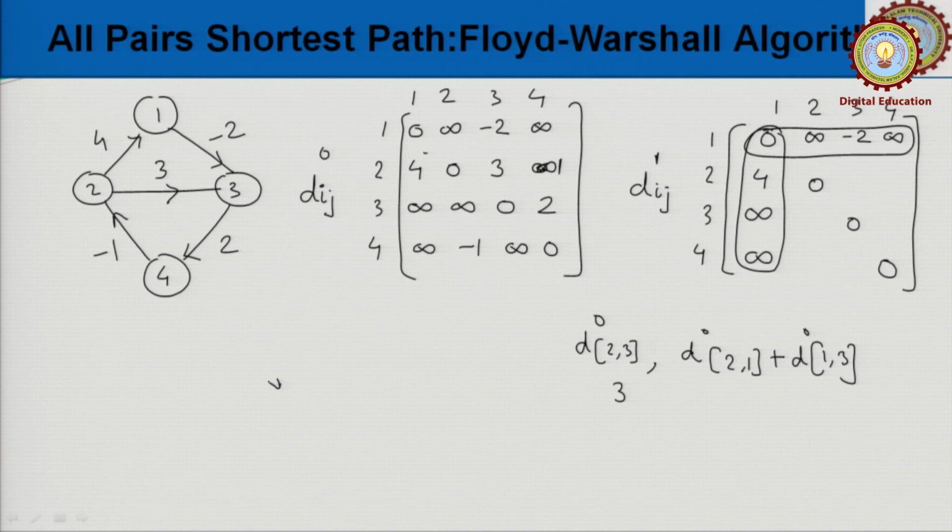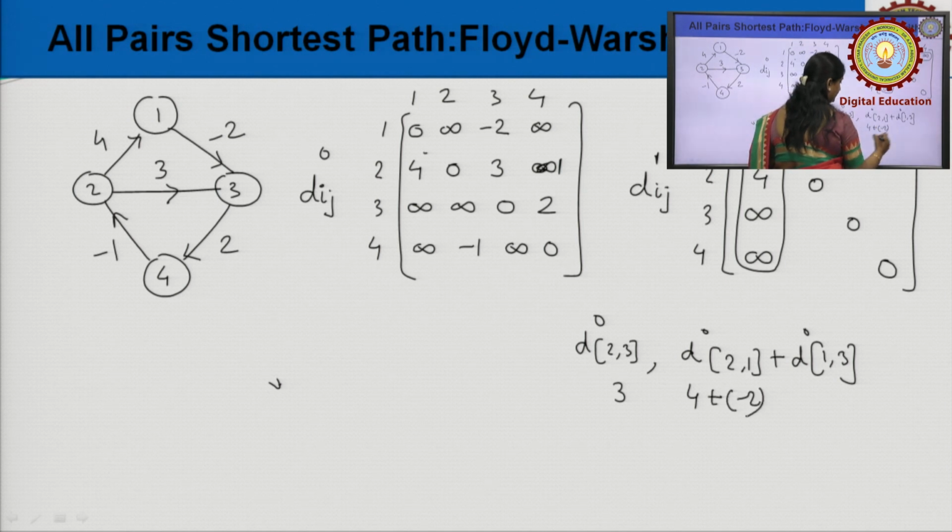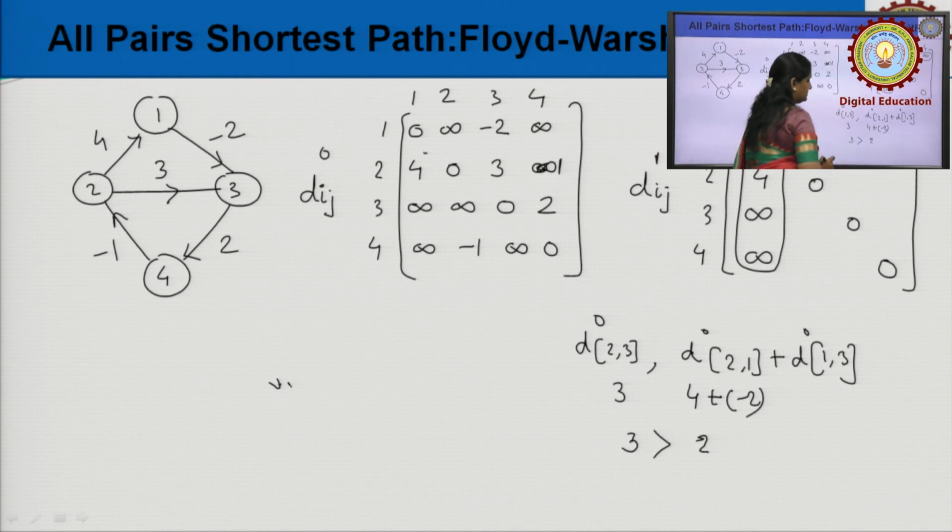Then 2 to 1 is 4 and 1 to 3 is minus 2, that is 2, and this is less.